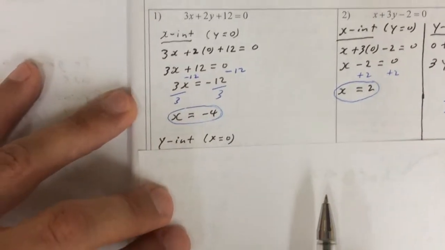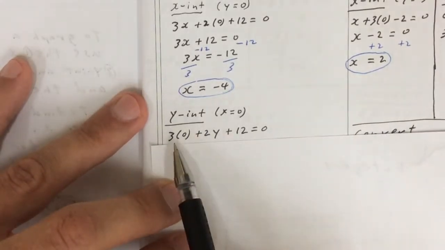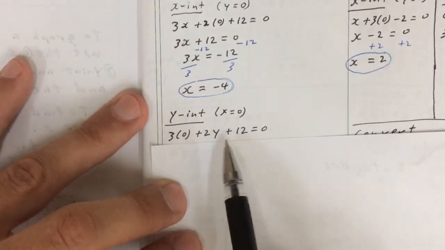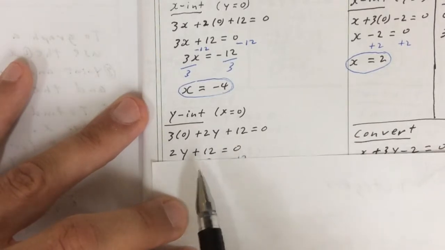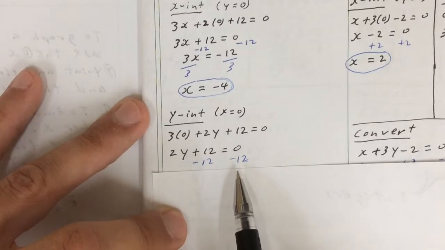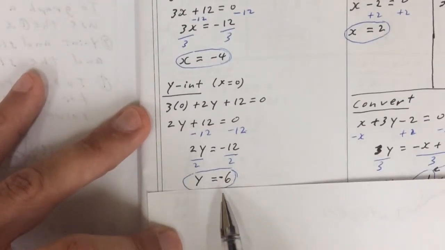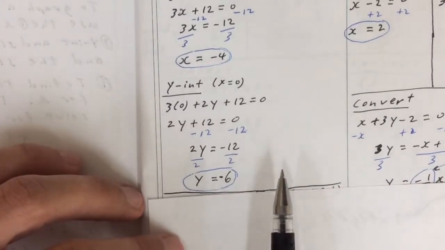Subtract 12 from both sides, divide by 3, and you get x equal to -4 as the x-intercept. For the y-intercept, sub x equal to 0 in. So 3 times 0 is 0, leaving 2y plus 12. Solve that as a two-step equation: subtract 12 from both sides, divide by 2, and you get a y-intercept of -6.